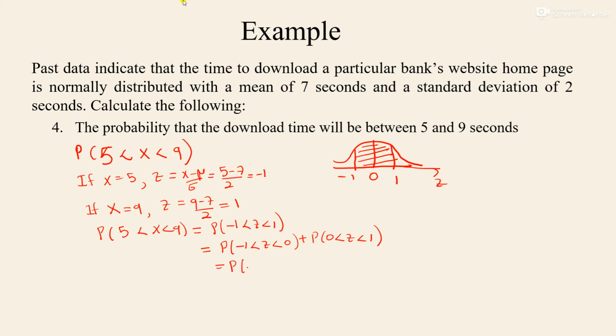So that is 2 times the probability of 0 less than z less than 1, which is 2 times 0.3413, that is 0.6826.